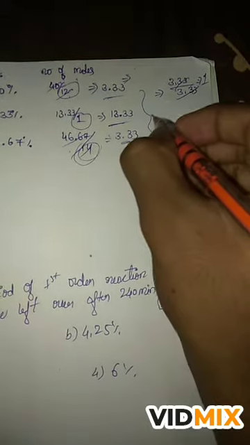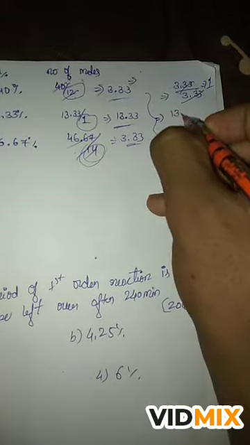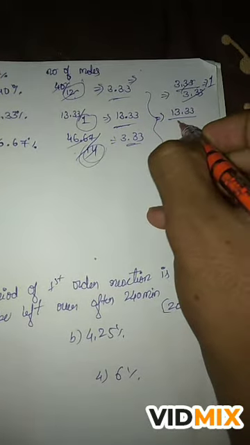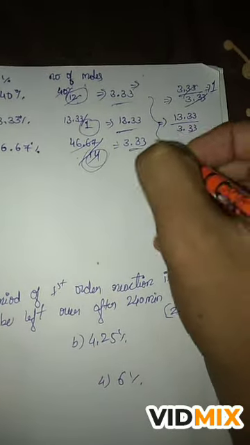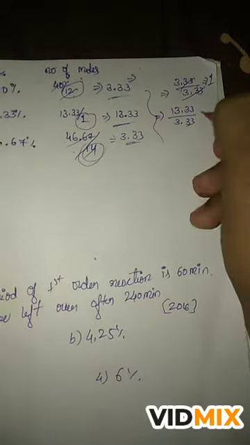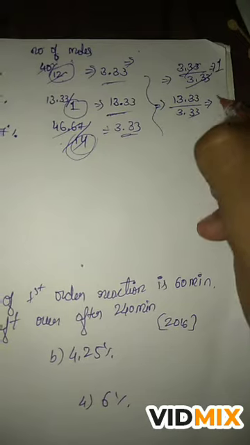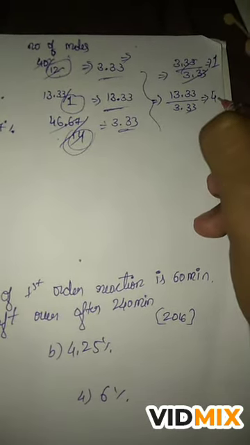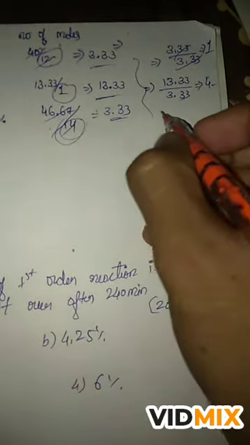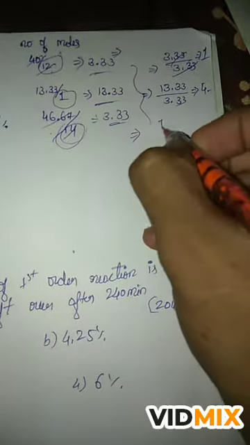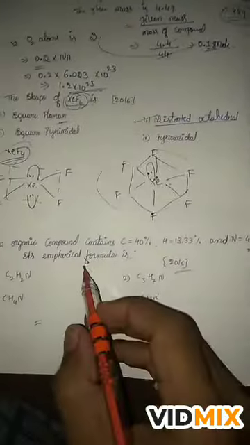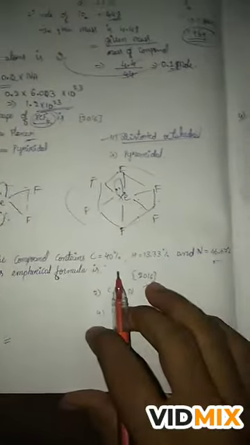Next, again 13.33 and 3.33, on dividing we get 4. Next this one also comes 1. So he asked what will be the empirical formula.